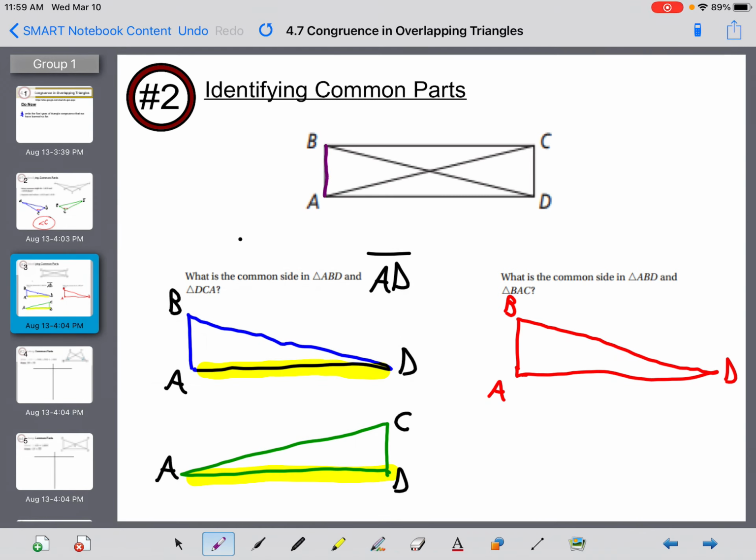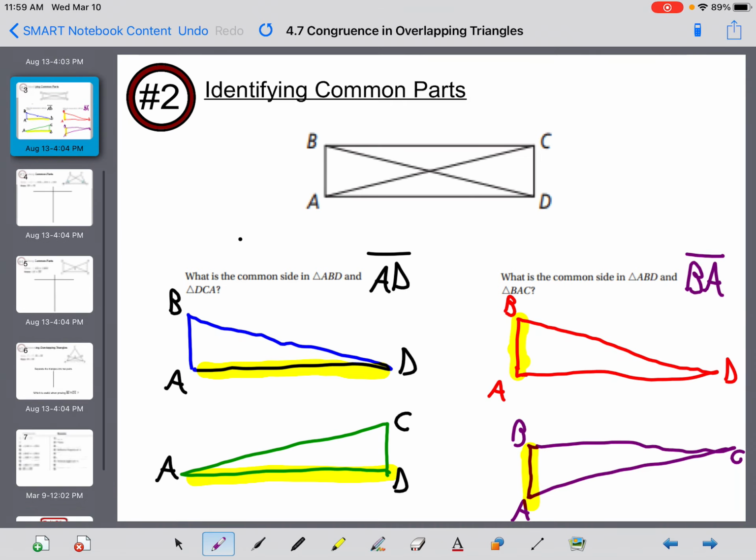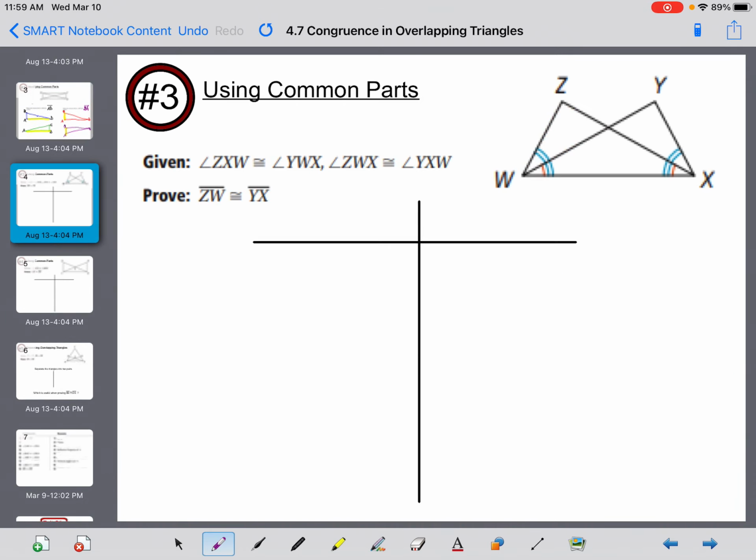Well, here's B, here's A, and here's C. So this top triangle, B, A, C. So what is the common side? Well, the only one that these two both have is side BA. Okay.